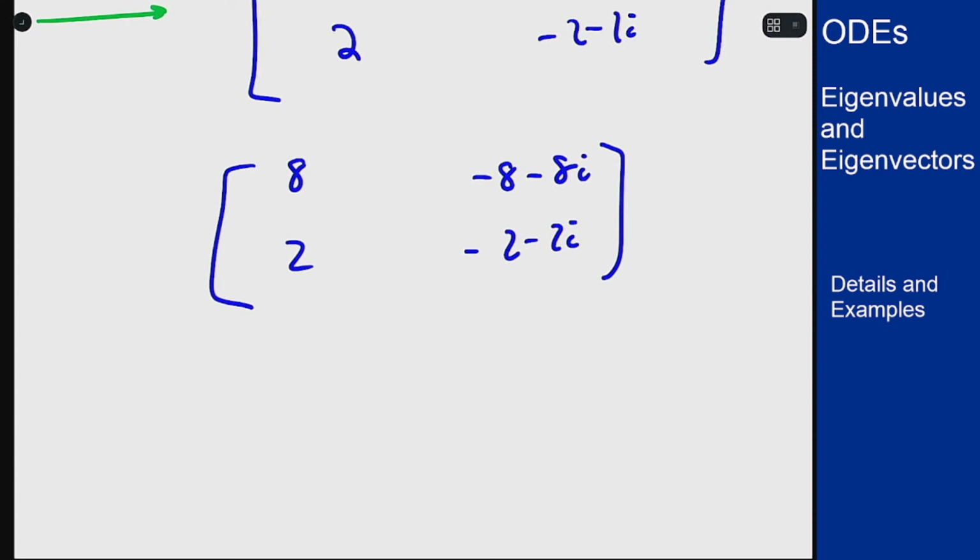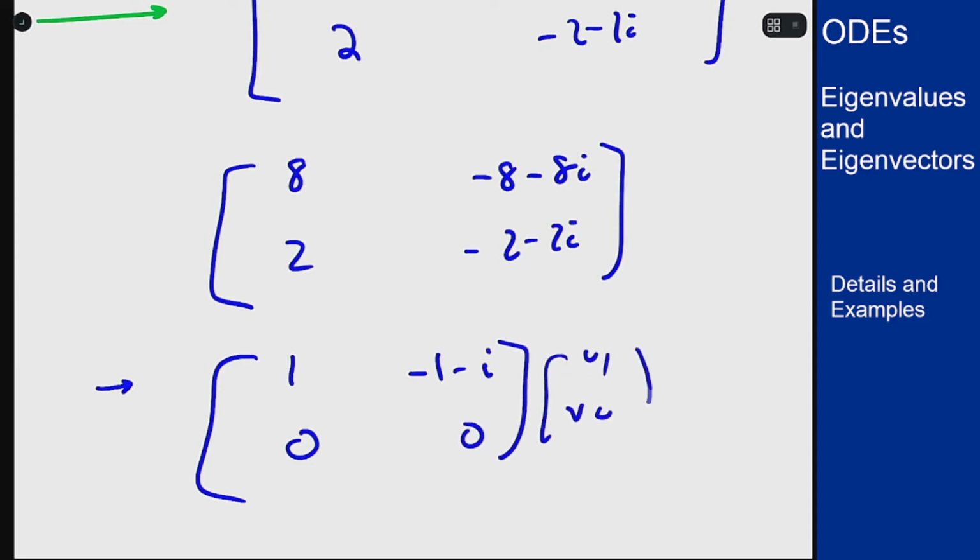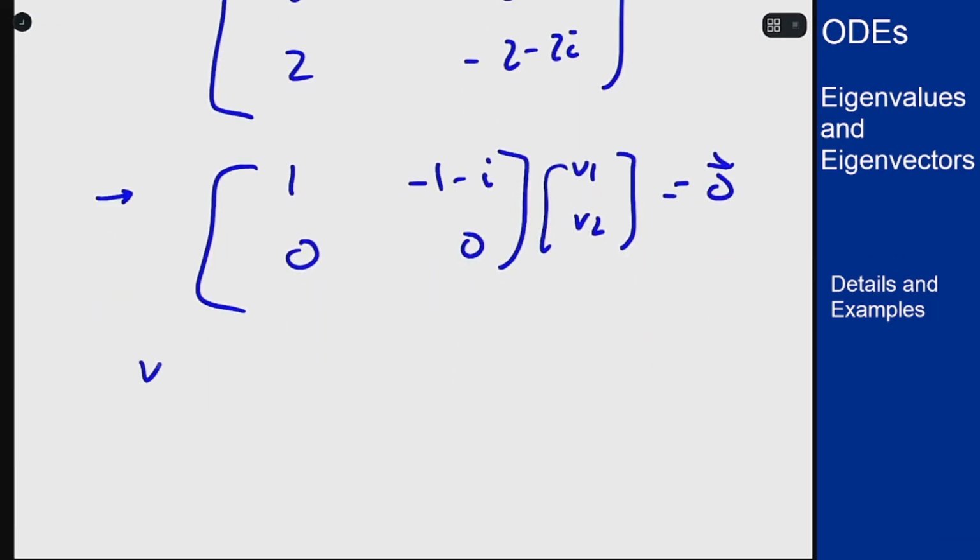And I will get to the system that looks like 1, -1 minus i, 0, 0, times v1, v2 equals 0. Which tells me that v1 plus (-1 minus i) v2 equals 0, or moving that to the other side, v1 equals (1 plus i) times v2.